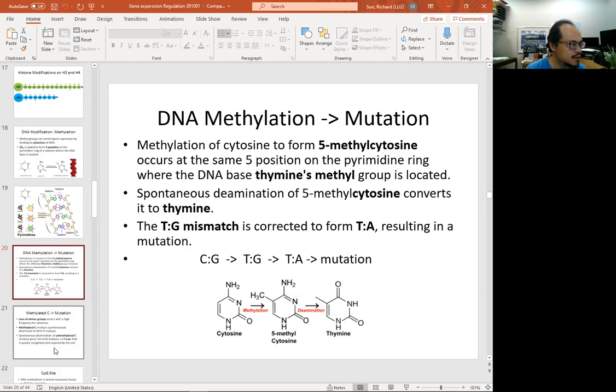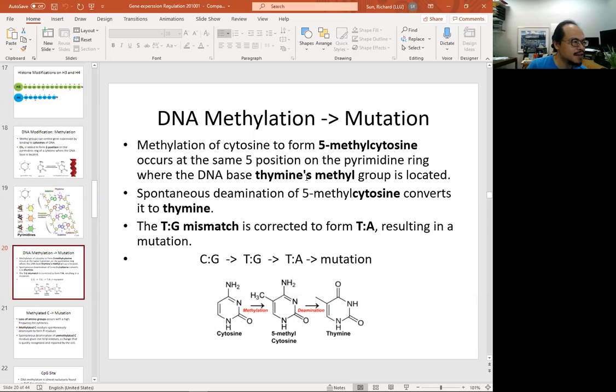It's because methylation on the cytosine forms 5-methylcytosine, which is very similar to the 5 position in the thymine.